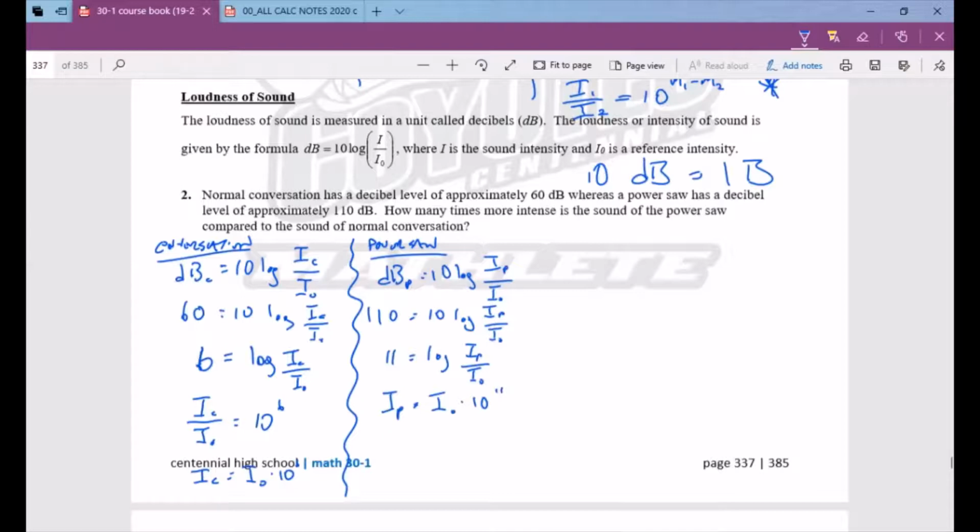All right, so now we're going to do the same sort of thing as we did with the earthquakes. Now we have the intensity of the power saw in sound, and the intensity of the conversation in sound. And so this ends up being a ratio of these. How many times more intense is the sound of the power saw? The one that we're saying is more intense goes in the numerator.